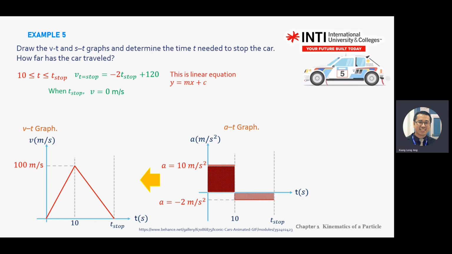Now we need to find the time when it comes to t stop. You know the velocity. You have one equation here. You have this unknown. What's the velocity when you stop? 0. You only have one unknown in the equation. Rearrange the equation, solve for t. So by looking at the slide here, what is the t stop?